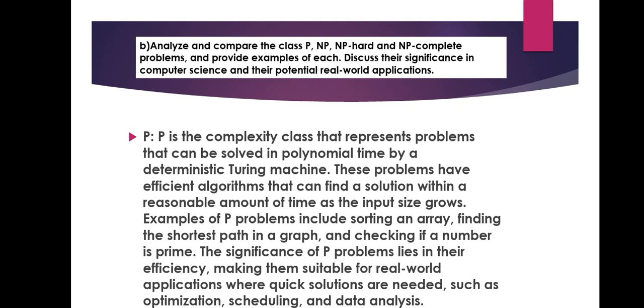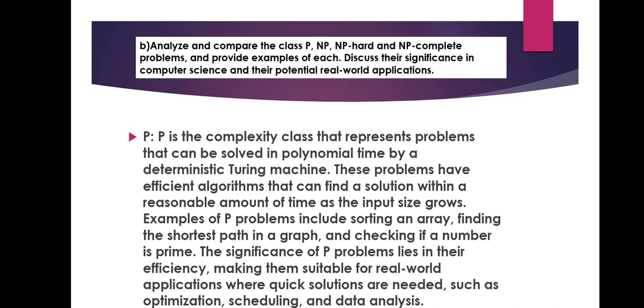Now, let's move to the next question. The next question is, analyze and compare the classes P, NP, NP-hard, and NP-complete problems and provide examples of each case. Discuss their significance in computer science and their potential real-world applications. First we discuss what P class problems are.